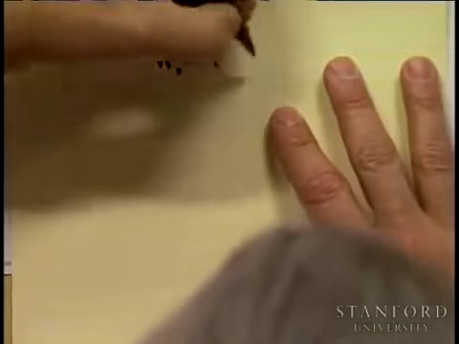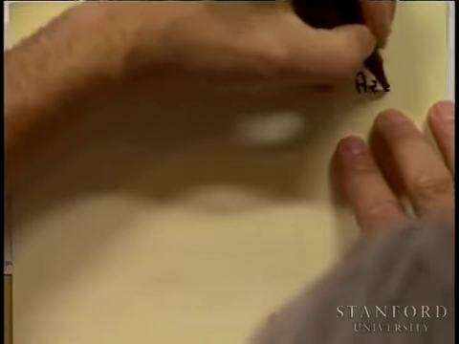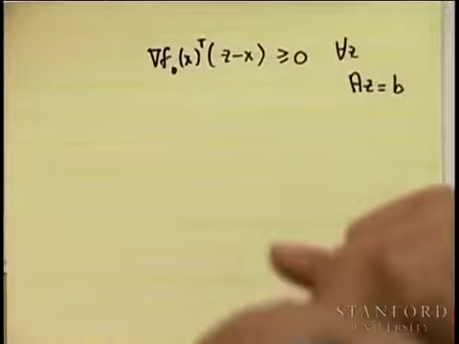It says basically the following: the gradient of f0 of x transpose times z minus x has to be positive for all z that satisfy Az equals b.